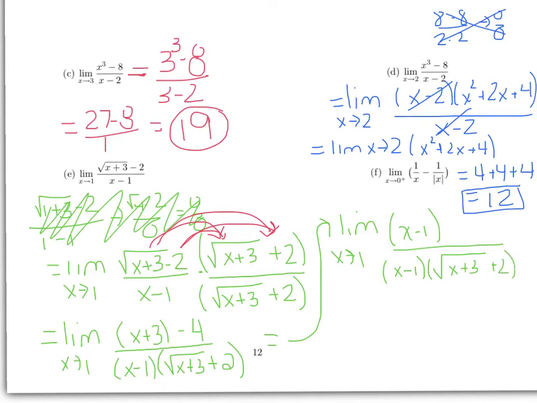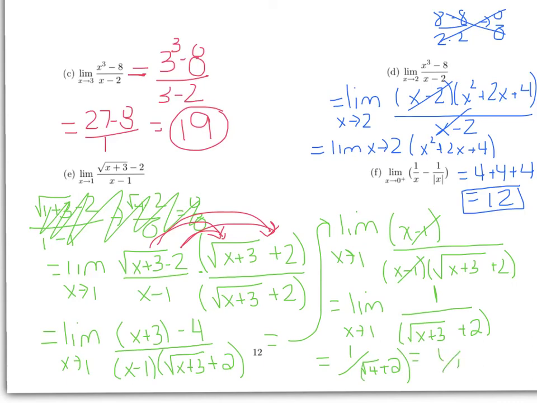And the beautiful thing about this, hopefully you recognize, is that these things cancel. And so we take the limit as x approaches 1. Be careful, there's a 1 on top, because this is still in the denominator. And now we just plug in 1, and we're going to have a nice answer, square root of 4 plus 2 in the denominator. So that gives us 1 over 4, if you're careful in the simplification there.